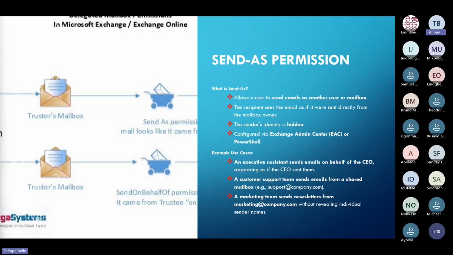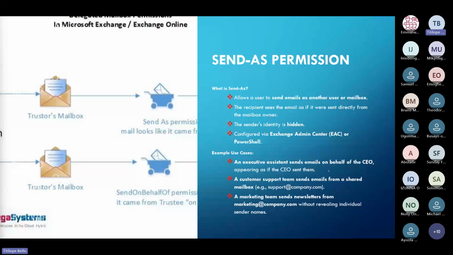Like I said earlier, if Oyimafu gave Titilope the right to send as Oyimafu, and Titi sends email as Oyimafu, the recipient does not know that it's Titi that sent the email. They are seeing Oyimafu as the sender of that email. Okay? A perfect example here again is the case of the CEO, right?